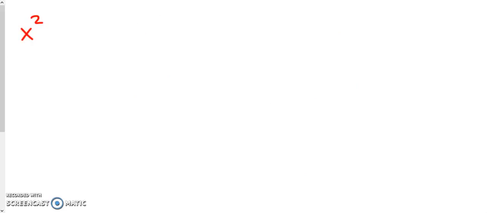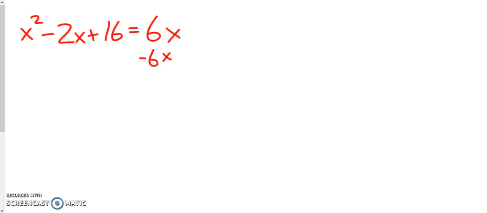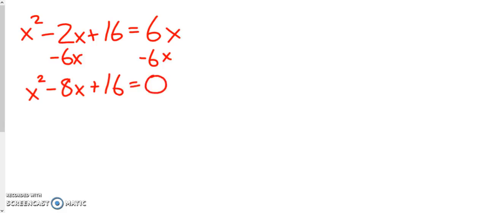Next, x squared minus 2x plus 16 equals 6x. It's not equal to 0, so I've got to get it equal to 0. I subtract 6x, and noticing I've got like terms, this is x squared minus 8x plus 16 equals 0.